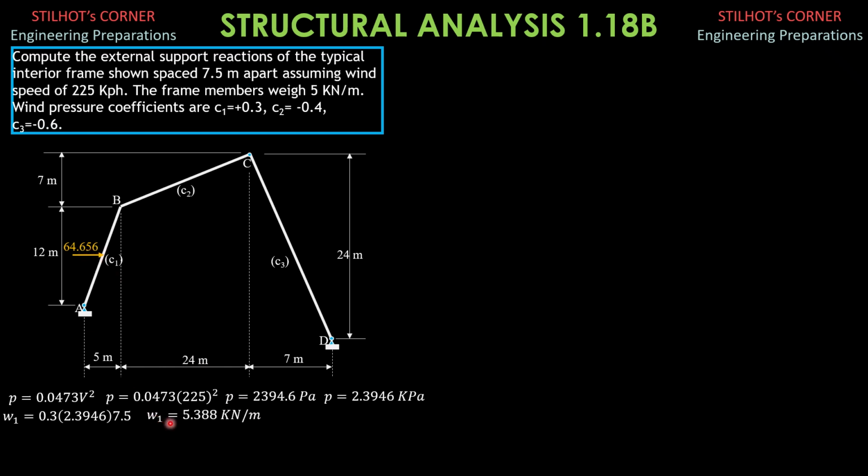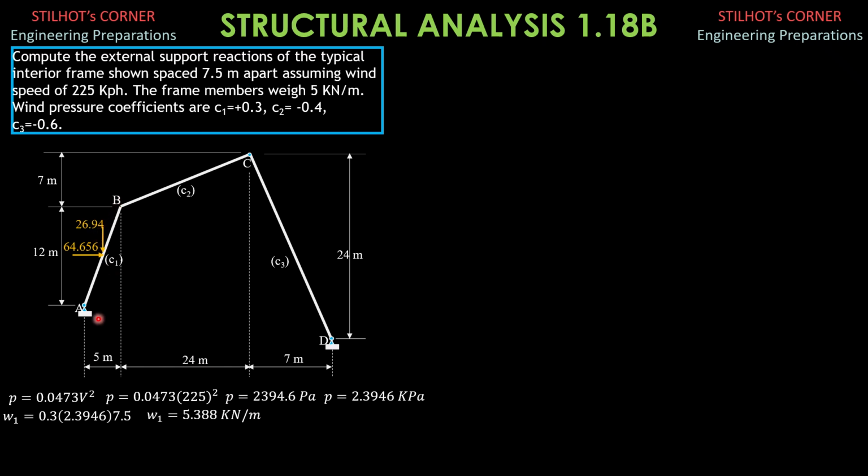The calculation is not presented, but I just dictate it: 5.388 times 12. The vertical component of wind load, because this is positive pressure, is equal to 5.388 times 5, and that is equal to 26.94 kilonewtons.